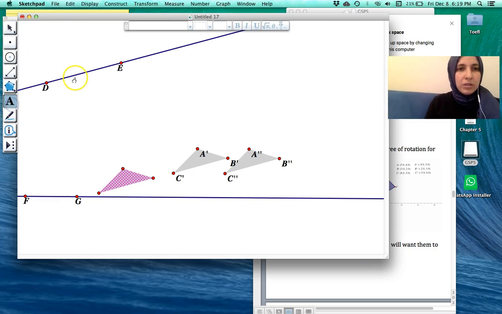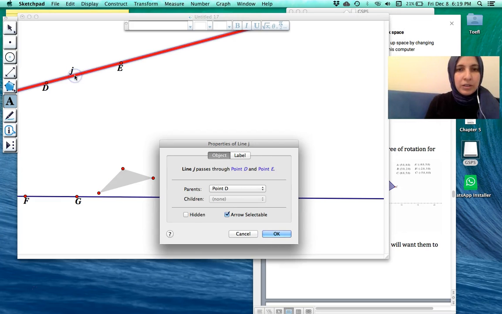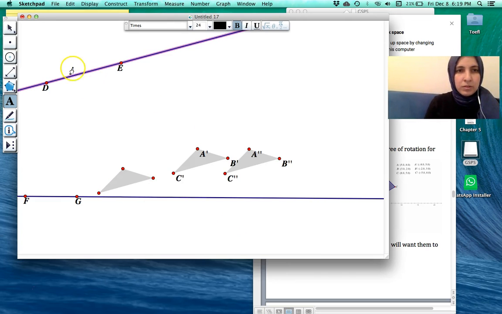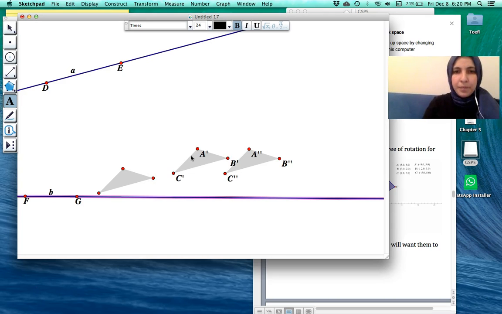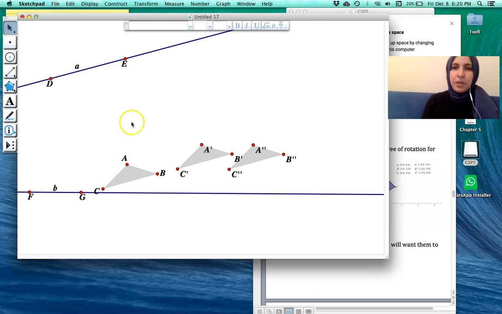Actually, we can call this vector A and this one vector B. First of all, I made a translation by DE, and then I got this one, and then I made a translation by the vector B.